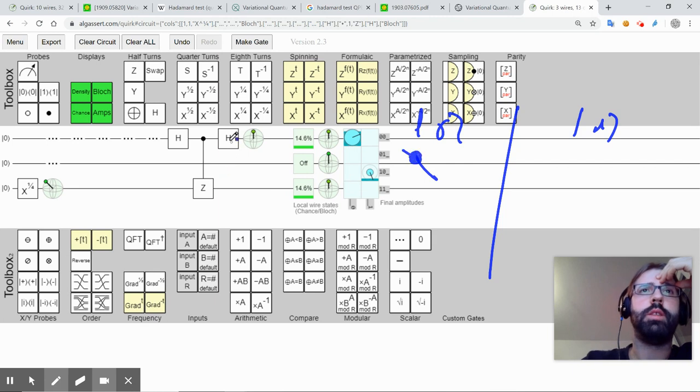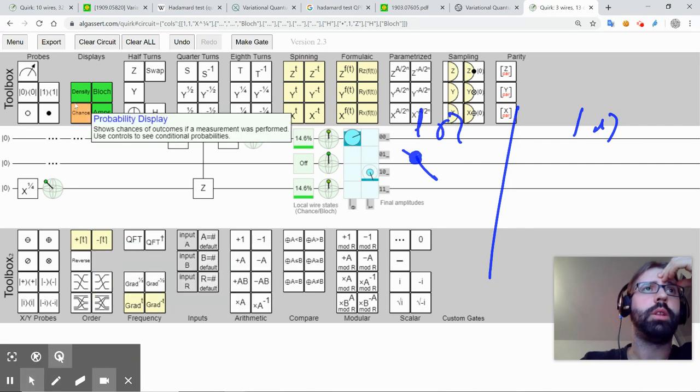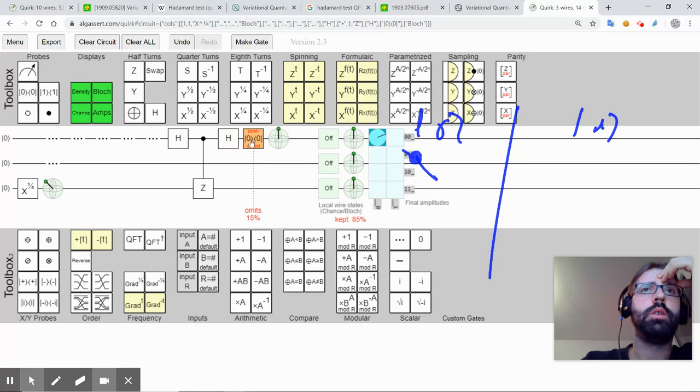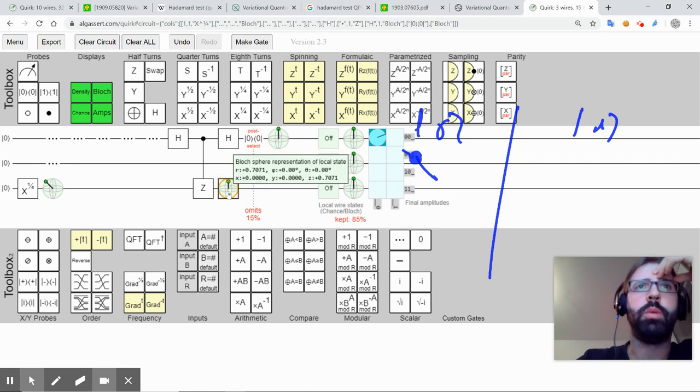But for the part that's 0, maybe I can take a look at, what if I post-select on 0, and I take a look at the Bloch sphere down here. What is this Bloch sphere doing? Is it pointing up?